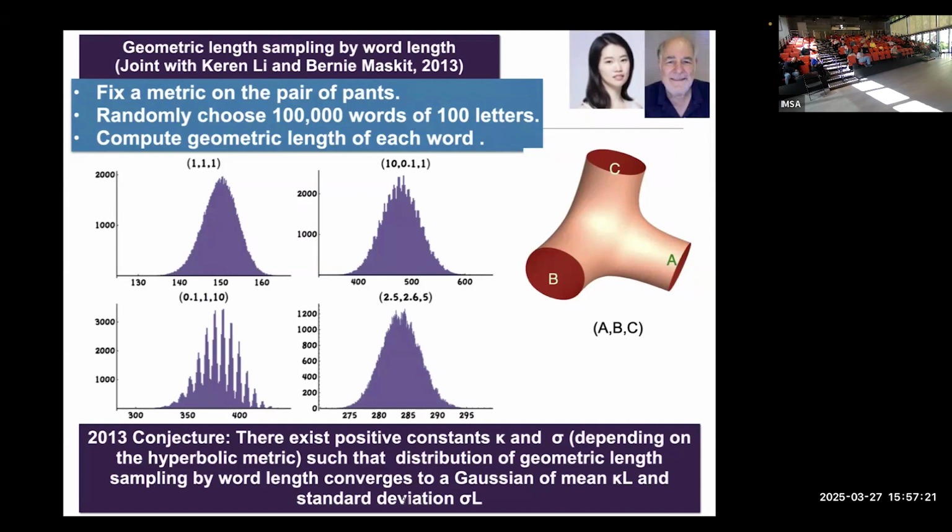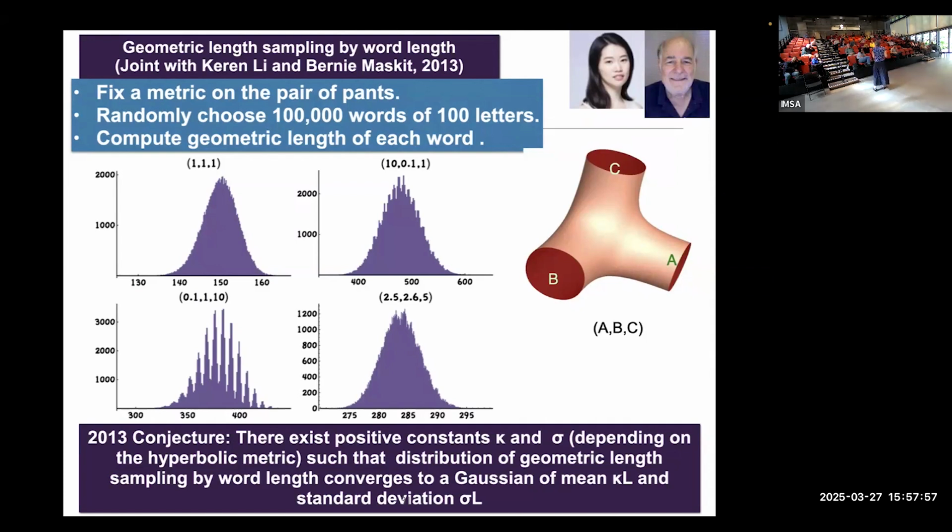But there's another remark. I don't see well, but one of my lengths is 10.11 on the top right, and the one in the bottom left is 0.1110. That's worrisome because the three boundary components of the pair of pants should be the same, but I made a choice. It's always said, if you make a choice in math, you pay.